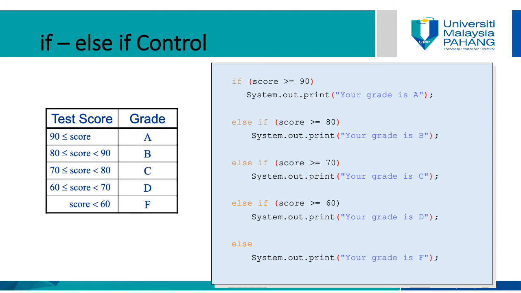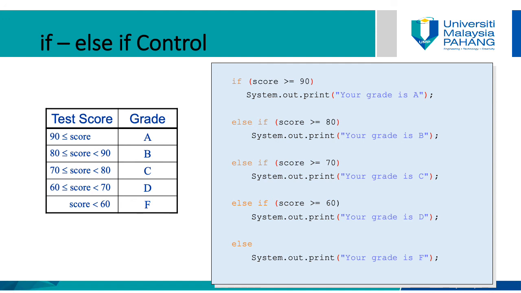Now we're going to see the if else if control. This is if you have different conditions. For example, you want to convert the test score into a grade in a program, so you want to print out the grade.